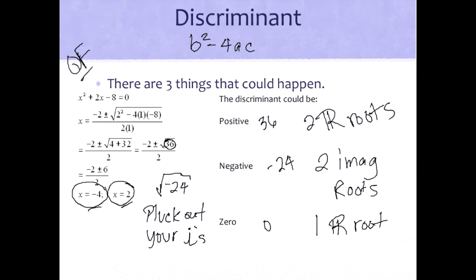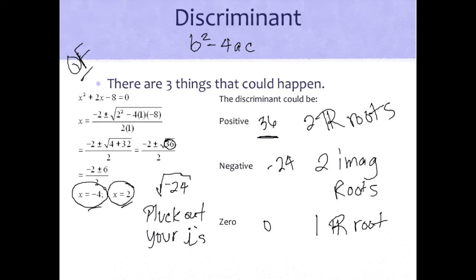Any other number that was not a perfect square root, you would still get 2 real roots, but they would be irrational. So the reason why we got 2 really pretty answers down here was because this number right here was a perfect square root.